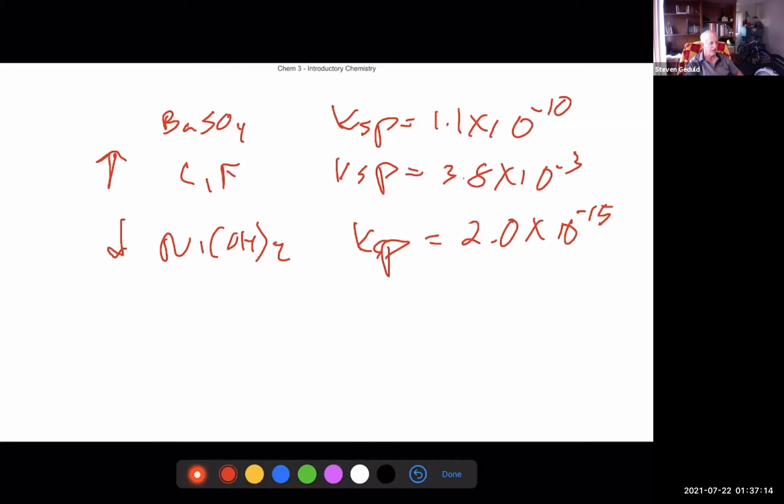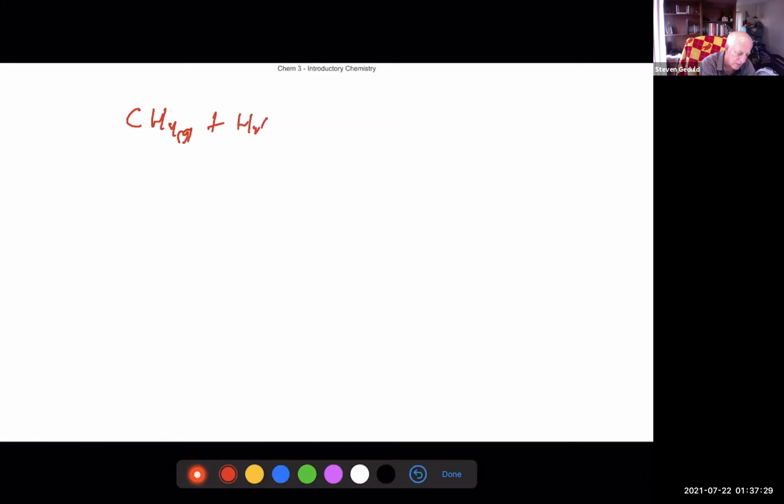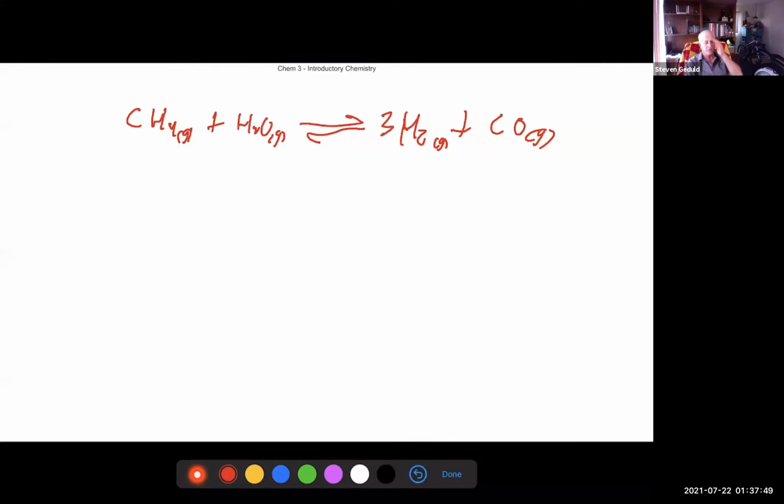So let's take methane gas, react it with water gas, and it goes to hydrogen gas plus carbon monoxide gas. Now let's write the equilibrium expression for this, and then we'll do some calculations, then we'll give some numbers.